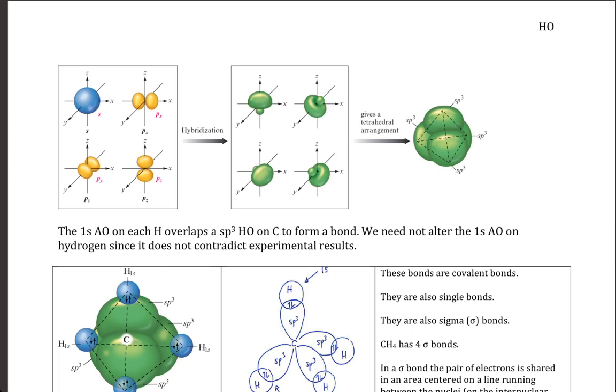Okay, so this is showing those original atomic orbitals on the left side. They undergo that hybridization, and we get the 4 new hybrid orbitals that are shown in green. And those are oriented such that they would be along 109.5 degree angles relative to each other, and each hybrid orbital has 2 lobes, one big lobe and one little tiny lobe.